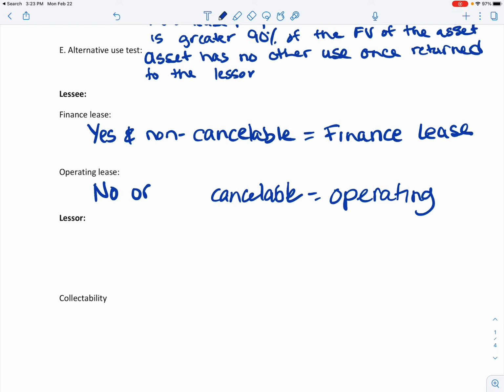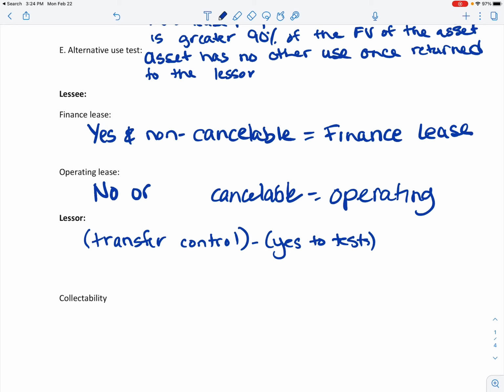From a lessor standpoint, if any of these tests are met, then the lessor has transferred control. Those are some key terms we want to look for. Did they transfer control? That would be saying yes to these tests.